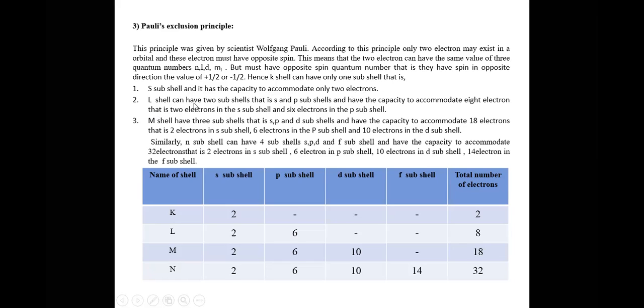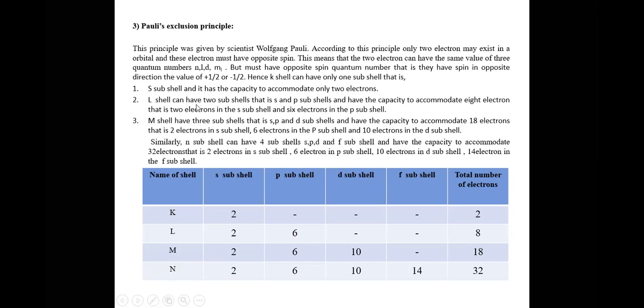And L shell can have two subshells, that is S and P subshells, and has the capacity to accommodate 8 electrons, that is 2 electrons in the S subshell and 6 electrons in the P subshell.